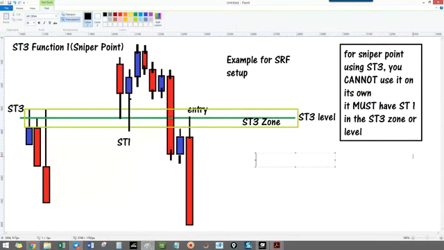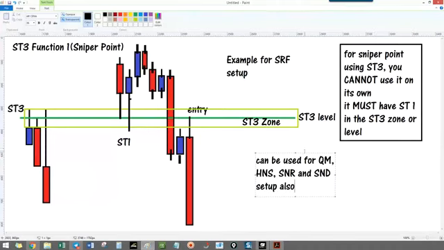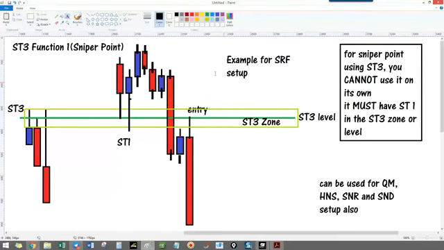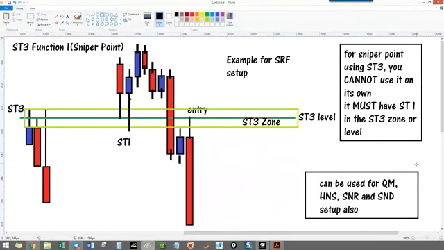Okay, let me write this down. Can be used for QM, HNS, SNR.